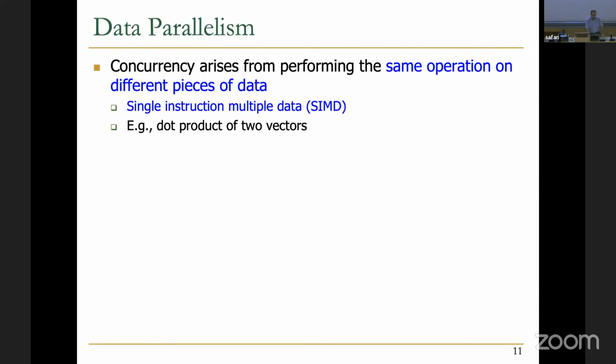Okay. So let me give you some background about data parallelism. Concurrency arises from performing the same operation on different pieces of data. This is the meaning of data parallelism. The prime example of a system that tries to benefit from such parallelism is single instruction, multiple data. You can think of many examples here, like the dot product of two vectors, or when you want to add two vectors. Your instruction is just a simple addition, but you want to operate that instruction on many operands in parallel.